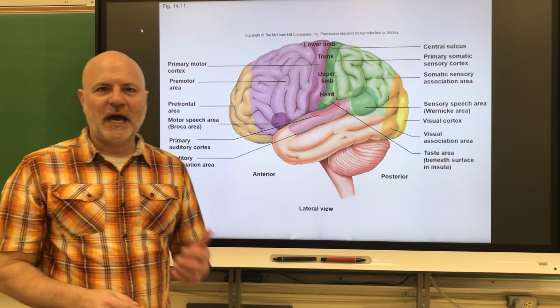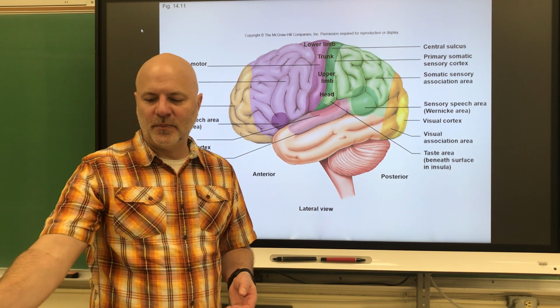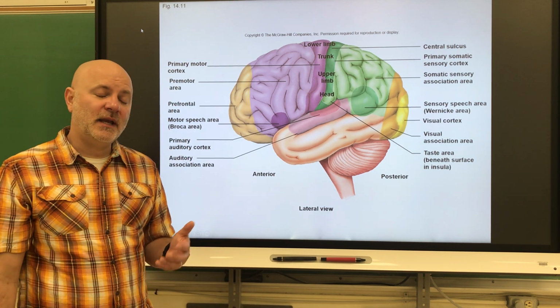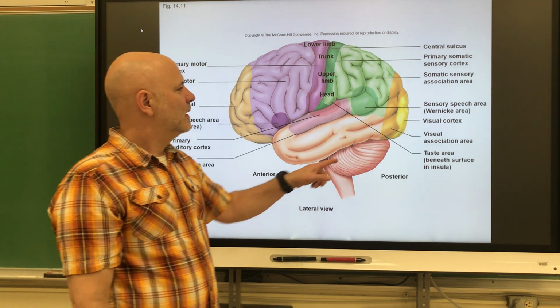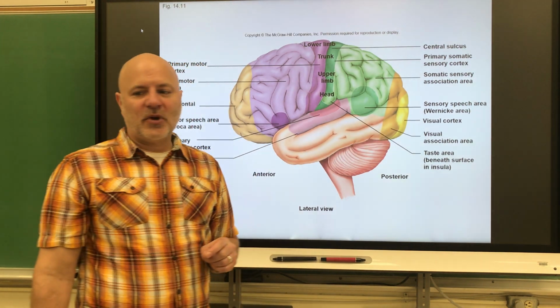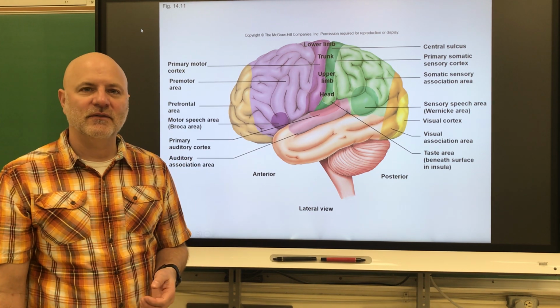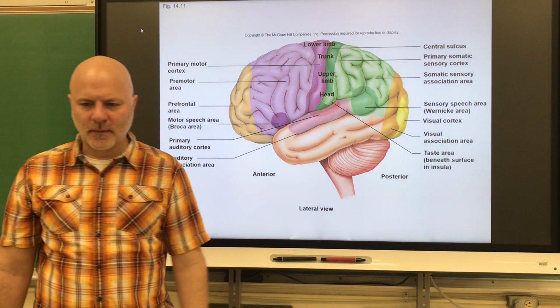Our temporal lobe evaluates input for smell and hearing, and also plays a vital role in memory. We also get abstract thought out of this, and judgment occurs out there. Lastly is the occipital lobe, which functions in the reception and integration of visual input. So this is the visual cortex, as you can see there.